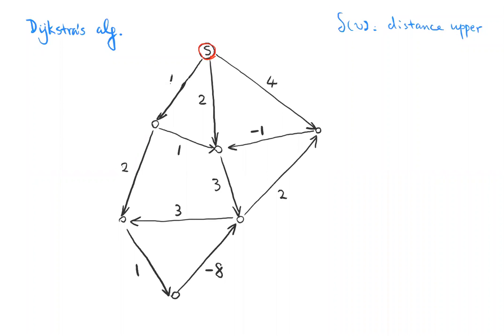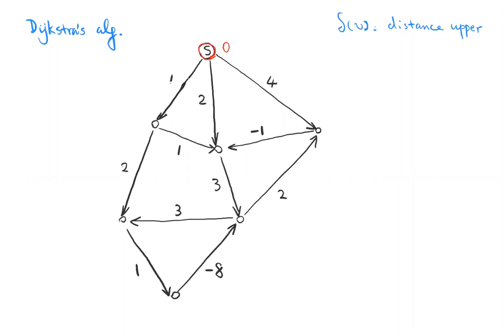Of course, the only one is S because its upper bound is 0. To highlight it, all the other vertices' distance upper bound will be infinity initially. So I will ignore these things. All right. So the first vertex we pick, of course, is this, the only vertex.